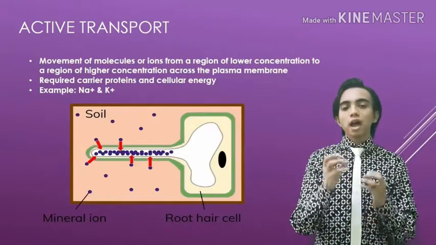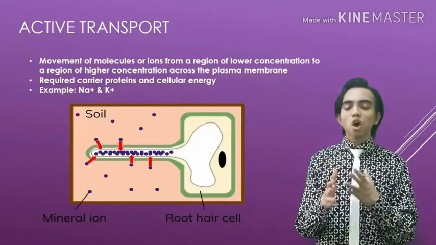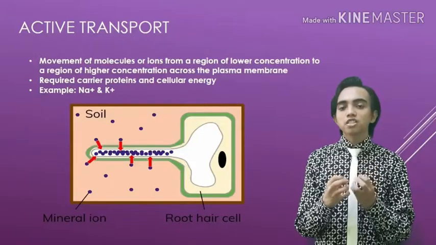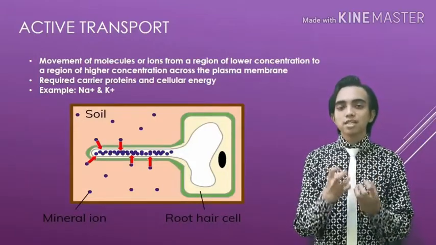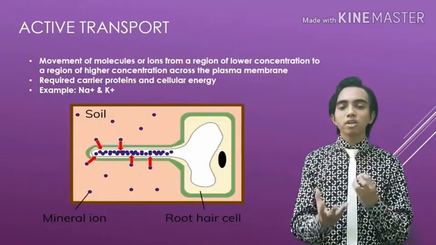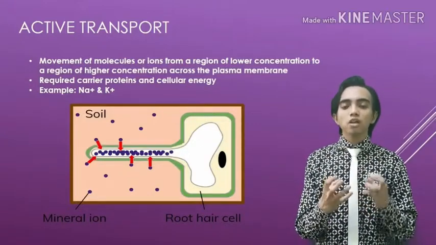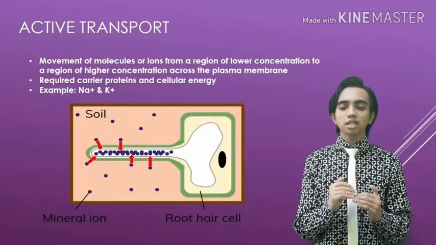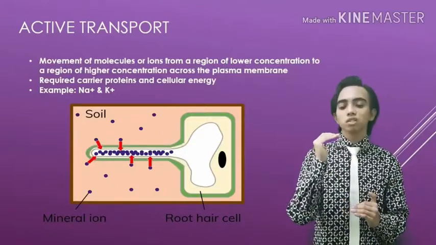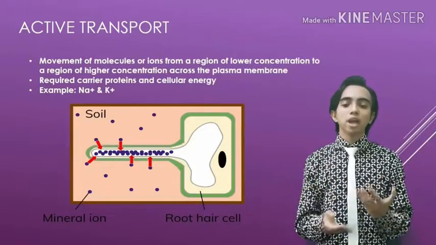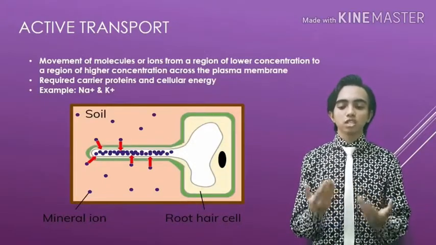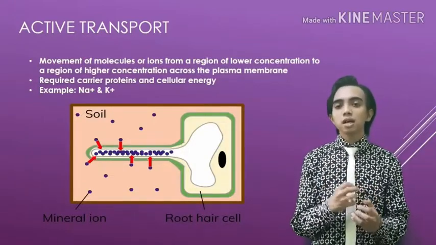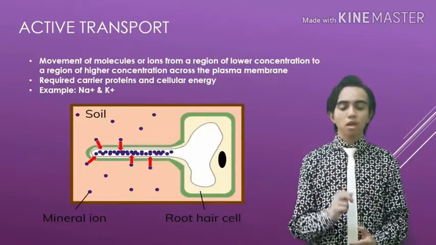The cell of the plant will produce adenosine triphosphate, ATP, and this gives the energy for the mineral ions to move into the cell from the region of lower concentration to the region of higher concentration. That's why it can happen through active transport. The mineral ions pass through by the carrier protein. Remember it.